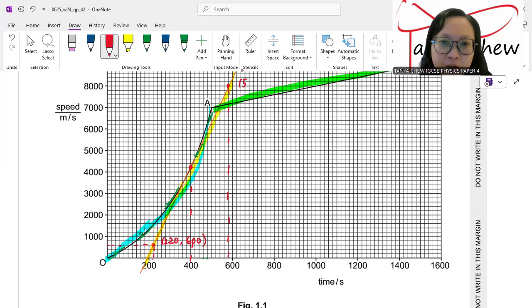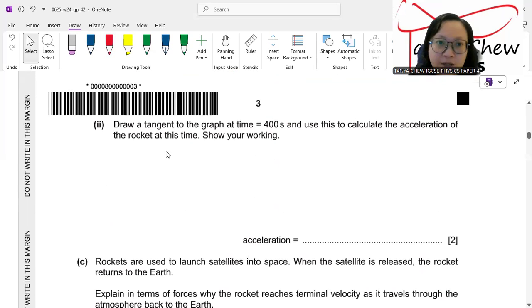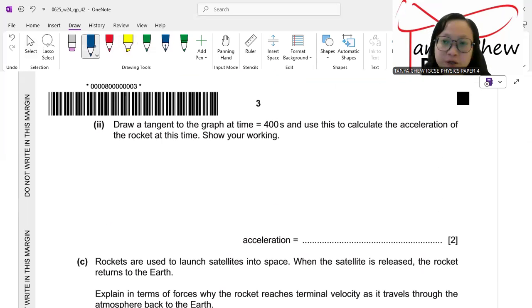This is 580. X-axis is 580 and y-axis is, I get exactly 8,000, so it is 8,000. Right, now I scroll down a little bit, draw tangent, use this to calculate the gradient, to calculate the acceleration.